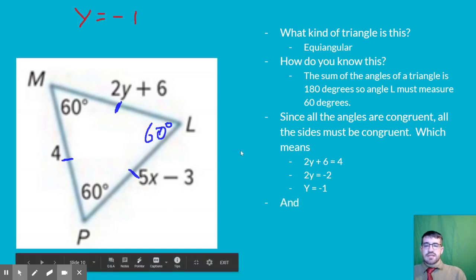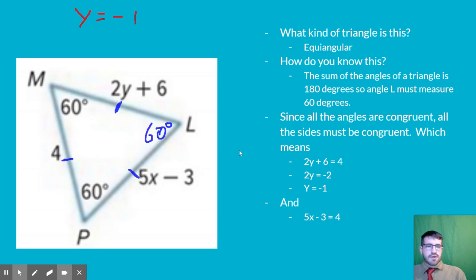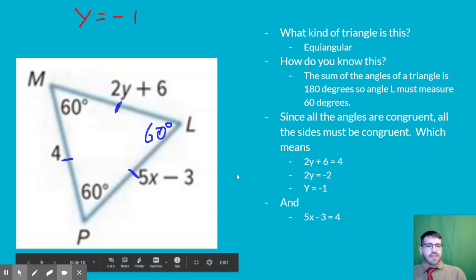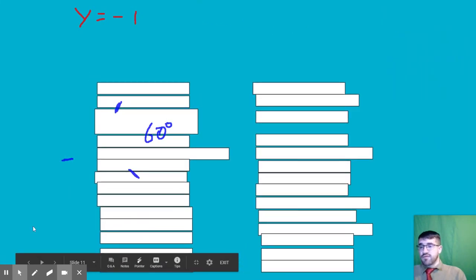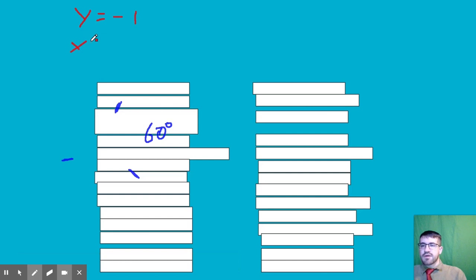And we want to do the same thing for x. We're going to take 5x minus 3 equals 4. Add 3 to both sides, you get 5x equals 7. Dividing through by 5 will give you x equals 7 over 5, or 1.4. And I accidentally clicked, so I'll just write that up here.